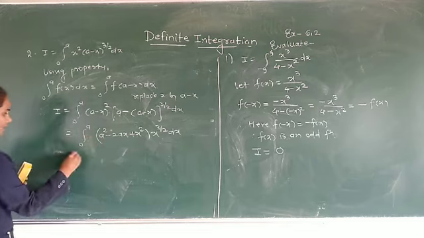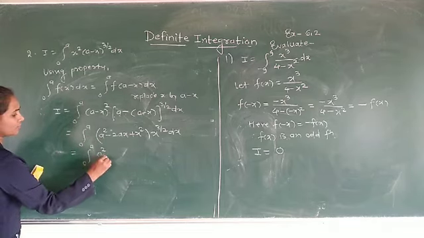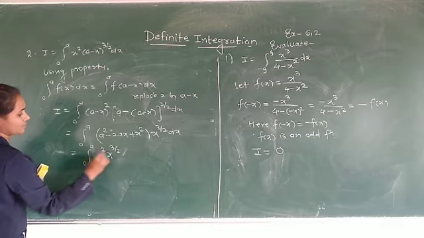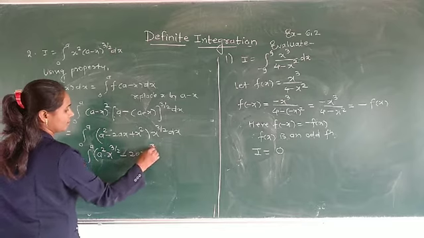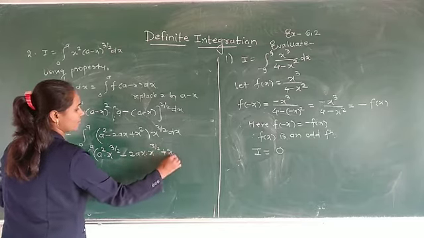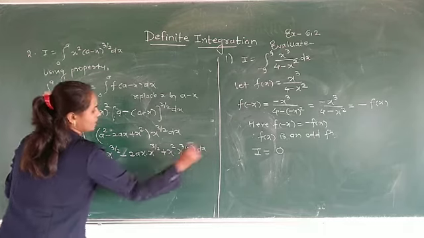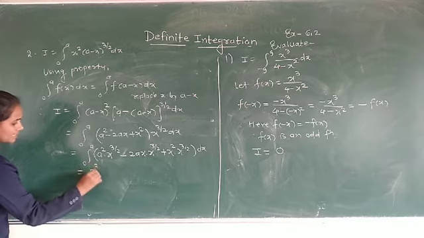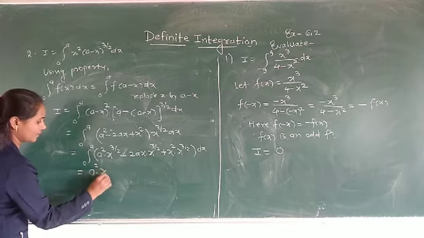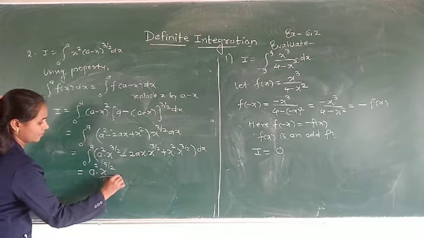Now multiply x raised to 3 by 2 with the bracket: a square into x raised to 3 by 2 minus 2ax into x raised to 3 by 2 plus x square into x raised to 3 by 2 dx. Now find the integrals. A square as it is, x raised to 3 by 2.